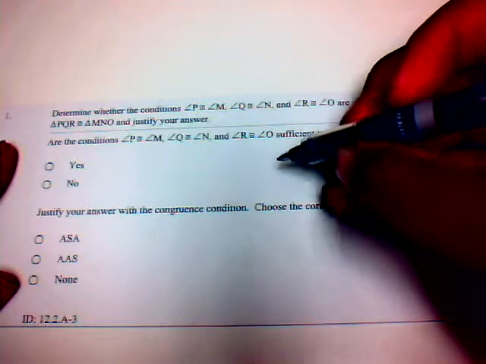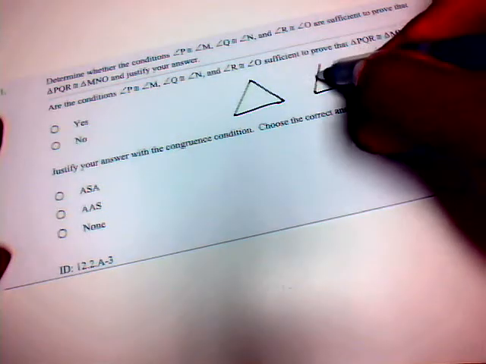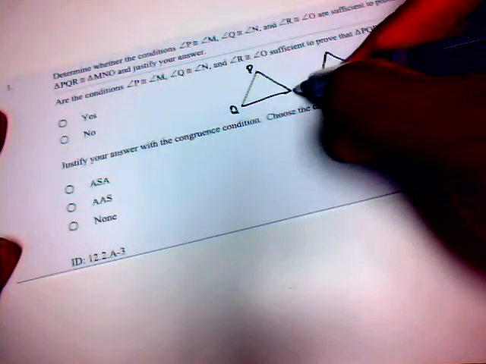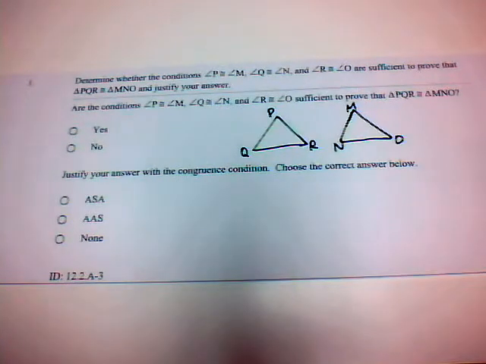So now we want to draw two triangles. This one is triangle PQR. And this one, I'm going to label this as triangle MNO, like this.